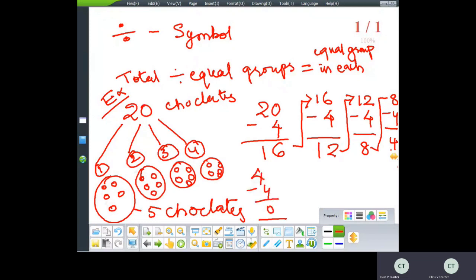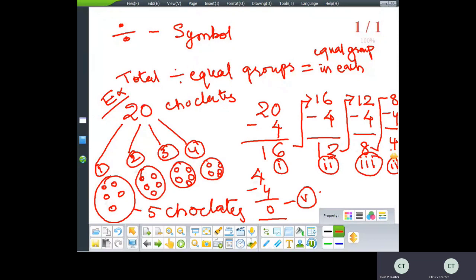So how many times did I do repeated subtraction? This is first, second, third time, fourth time, and this one is the fifth time. So totally how many times? 5 times I did. So that is the answer. 5 is the answer.